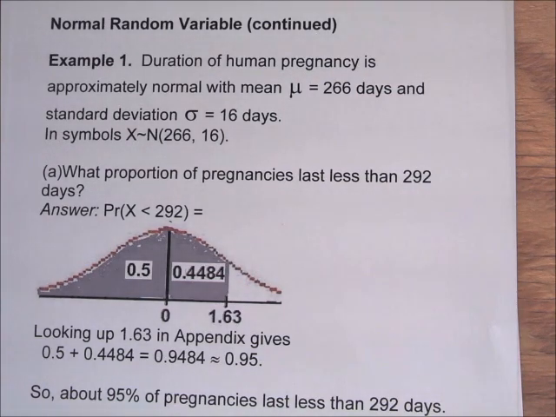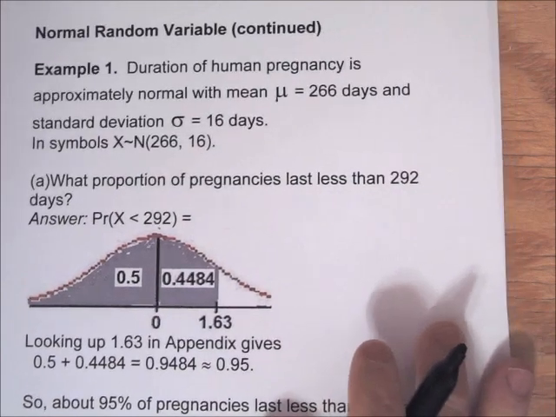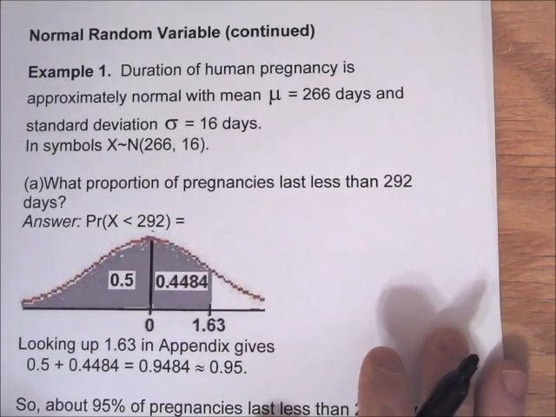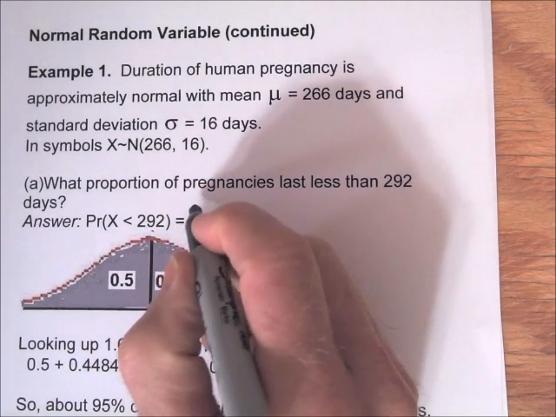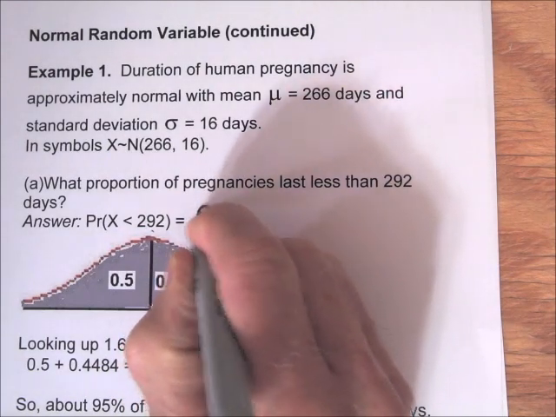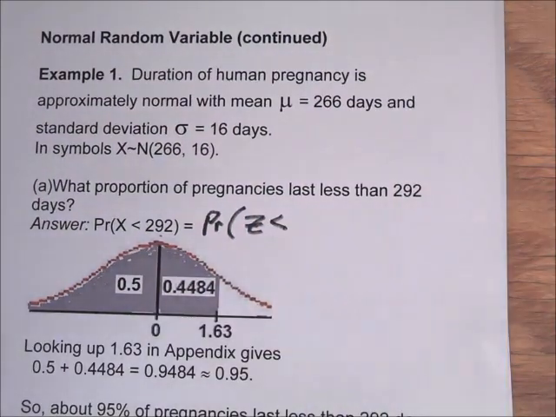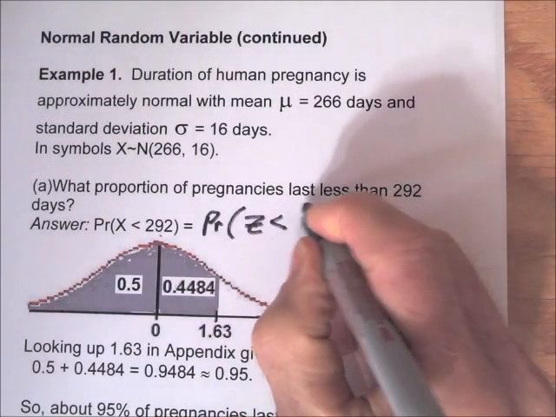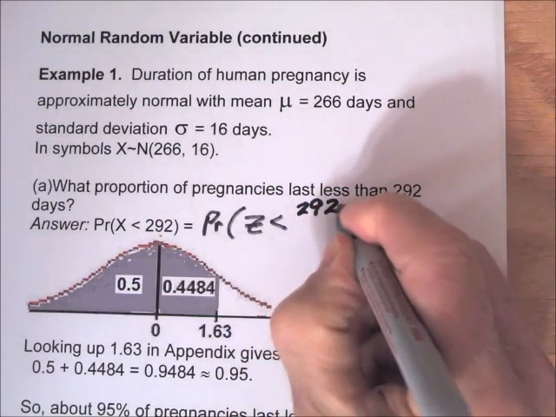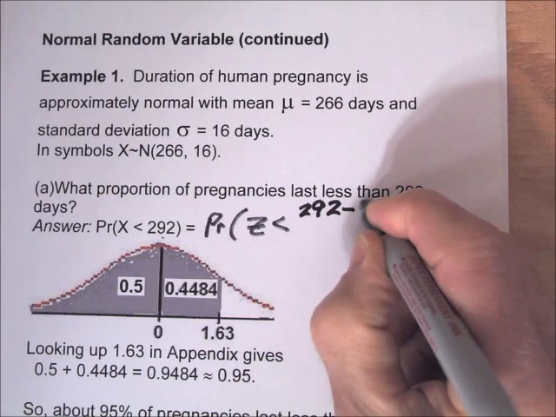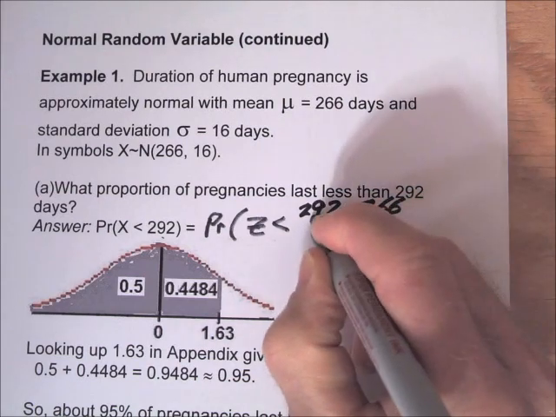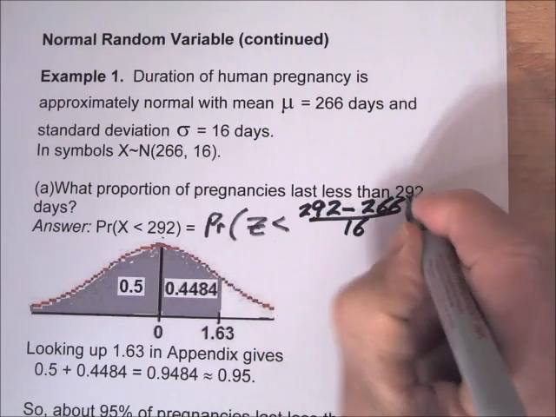Now, in order to use the table, we have to convert this into a z-score by subtracting the mean and dividing by the standard deviation. So this is the probability that Z is less than 292 minus the mean, which is 266, divided by the standard deviation, which is 16.